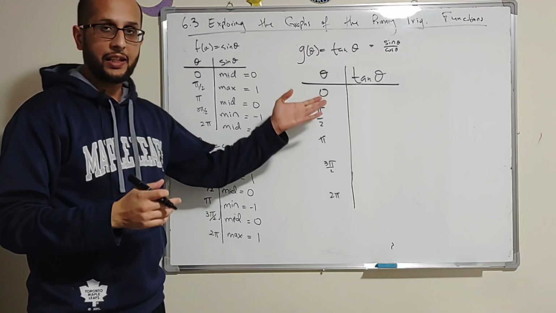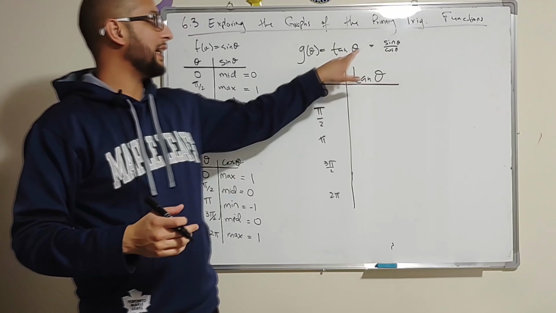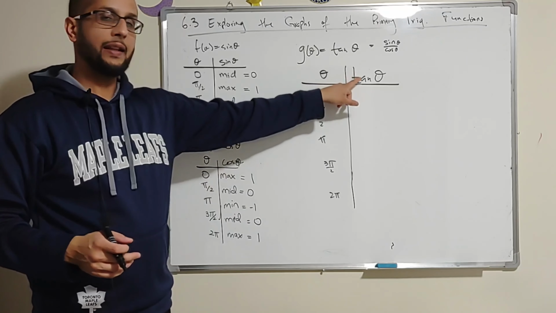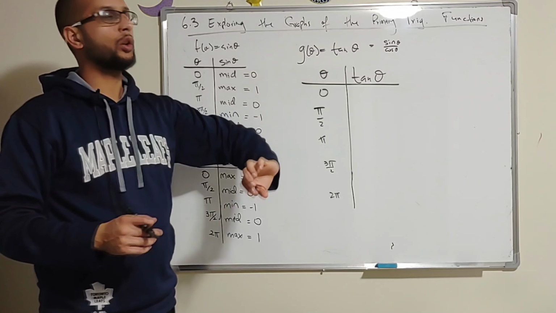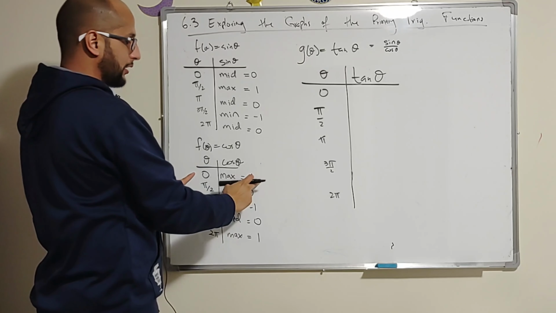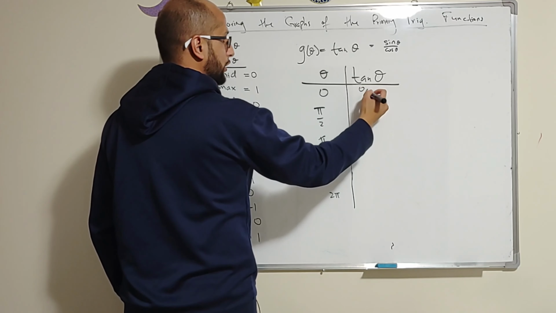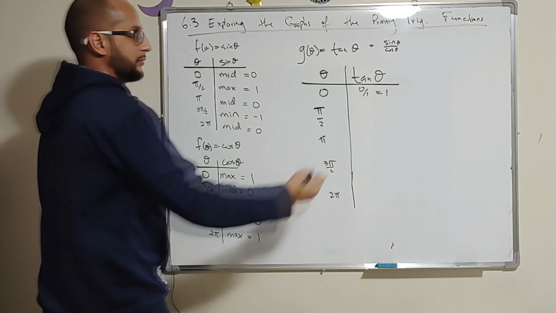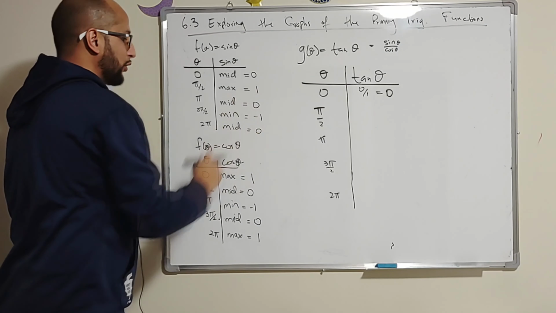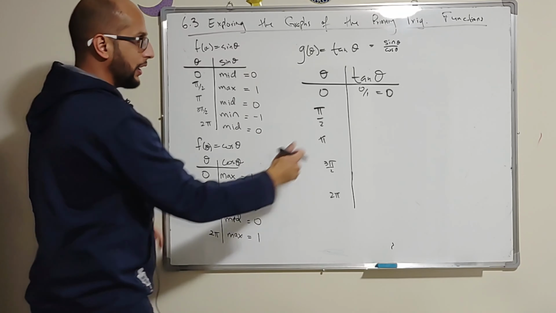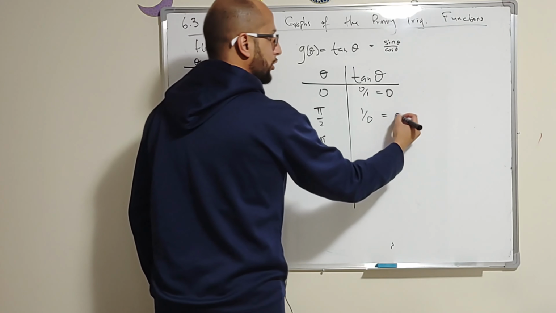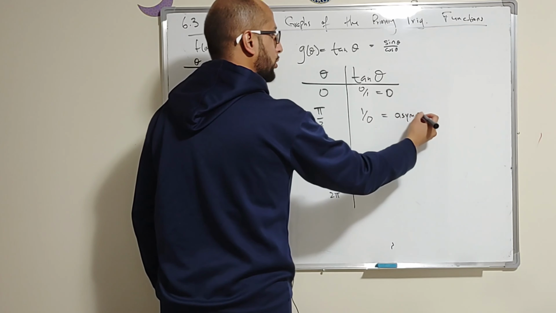For the tan theta function, we recognize that tan is just sine over cosine. So for 0, tan theta would be the sine value divided by the cosine value. For 0, sine is 0 and cosine is 1, so it's 0 over 1, which is 0. For pi over 2, we have 1 divided by 0, which is undefined, so there is an asymptote.